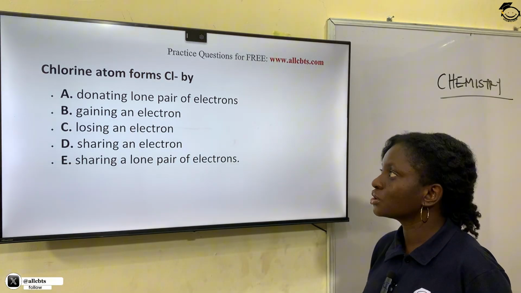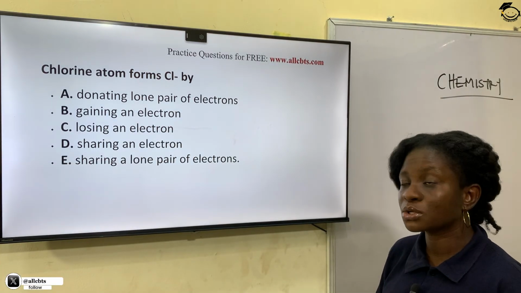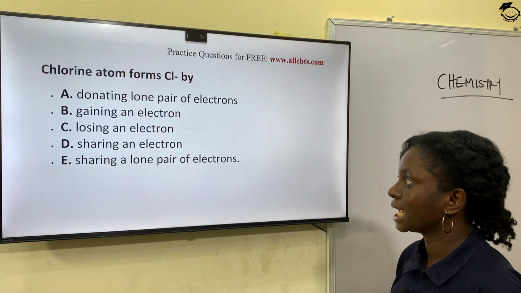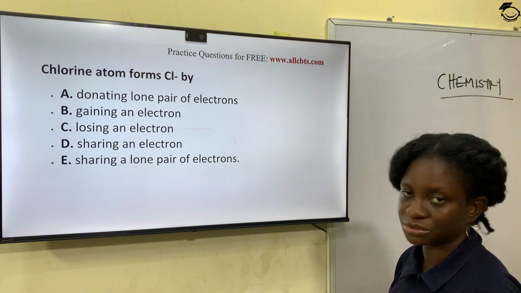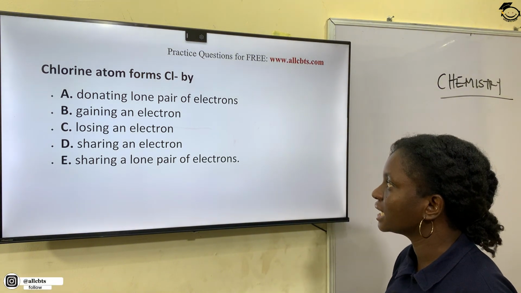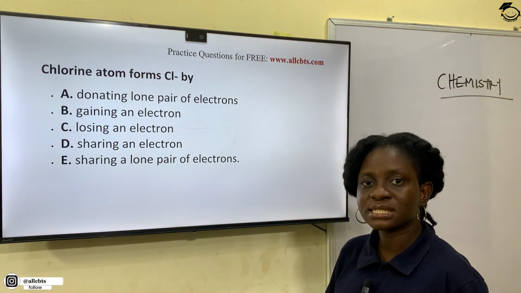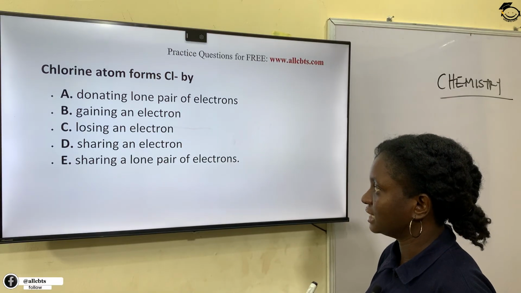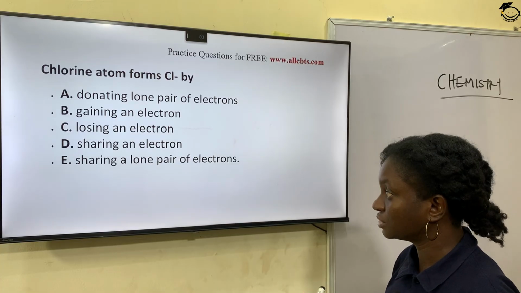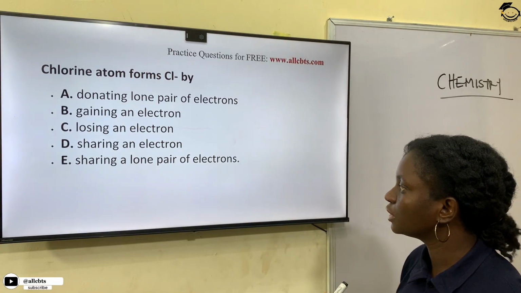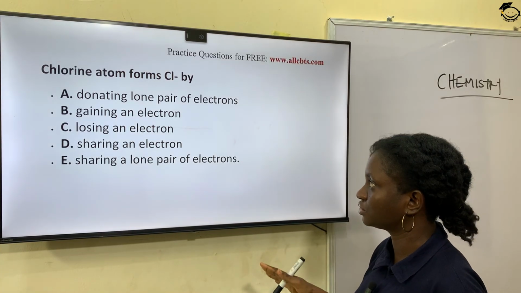Next question. Chlorine atoms form chloride by A, donating lone pair of electrons, B, gaining an electron, C, losing an electron, D, sharing an electron, E, sharing a lone pair of electrons.